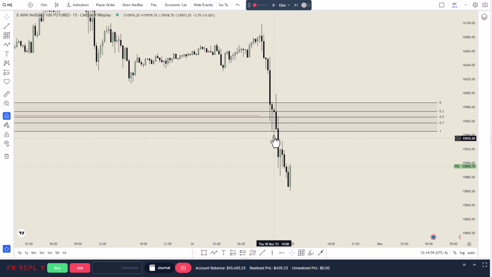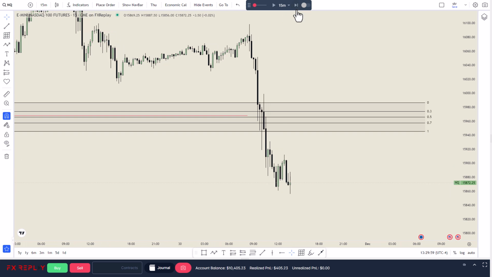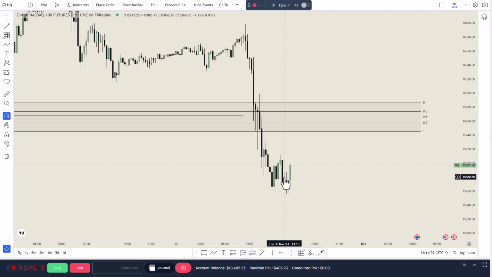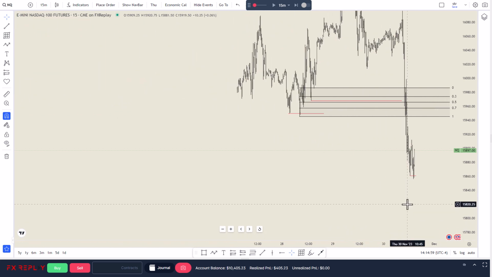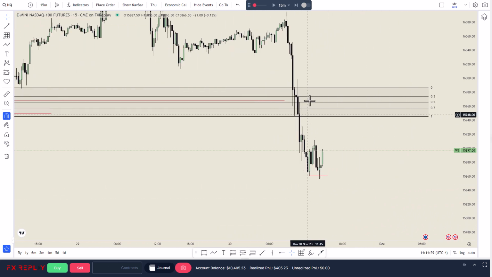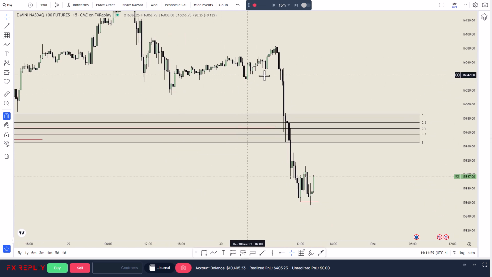You can either go to the lower time frames and look for entries, or stay with your execution time frame and be patient, right? We have a sweep right here, but I don't take this kind of trades anymore because I don't want to reverse this whole move to the downside, right? We are bearish, so this looks like a pullback, right?